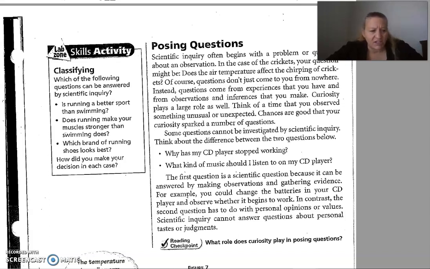Okay, so here's our reading check. What role does curiosity play in posing questions? I'm going to give you a minute to think about that.